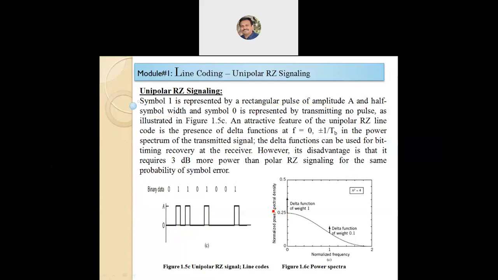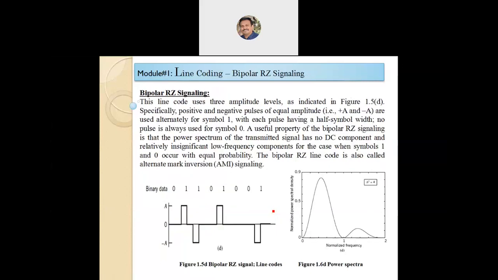Move towards the next line code, that is bipolar return to zero signaling. The concept of non-return to zero and return to zero is that in non-return to zero, the amplitude of the bit never comes to zero in the middle of the pulse width, but in return to zero, at the middle of the pulse width, the signal comes back to zero amplitude, hence the name return to zero.